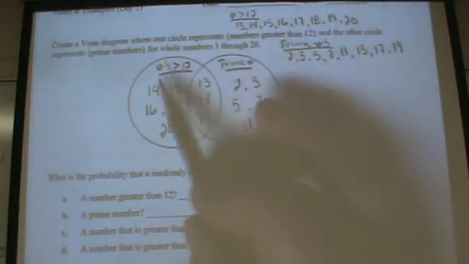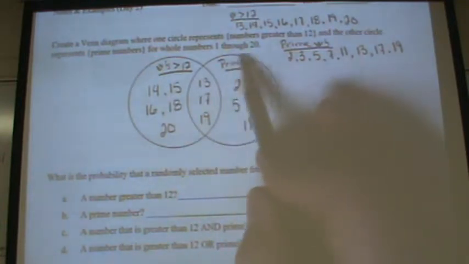So now there are a couple of questions down below. We want to find the probability that a randomly selected number from 1 through 20 will be one of the following things. First, the probability that a number selected is greater than 12. We're not looking at the entire set 1 through 20.